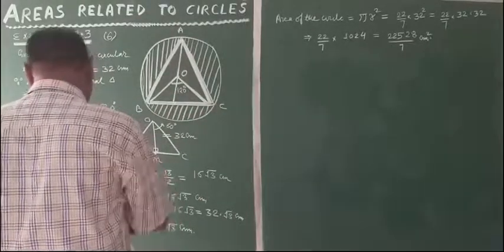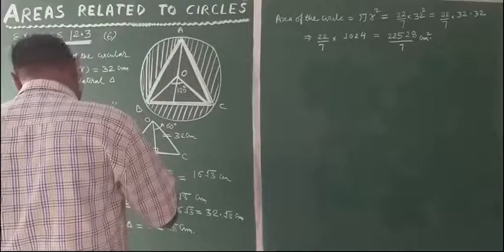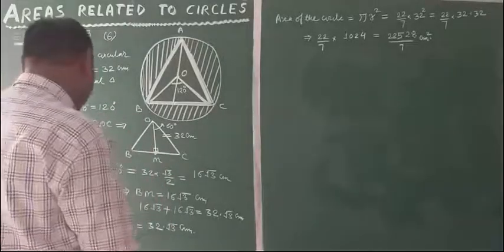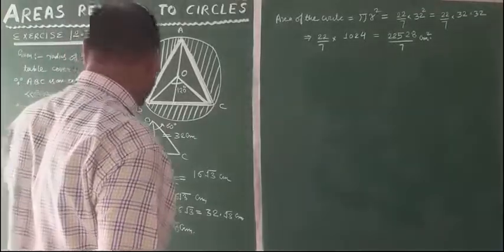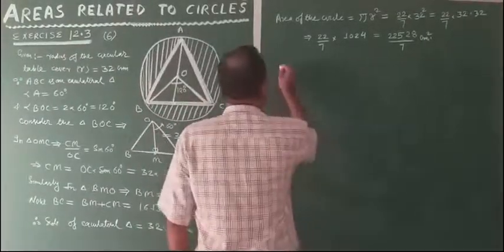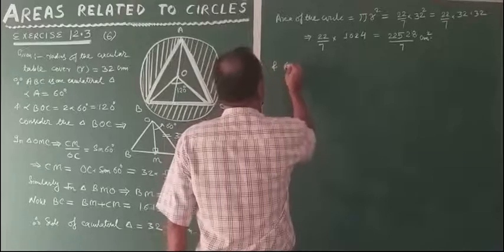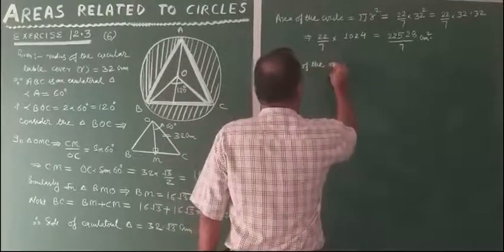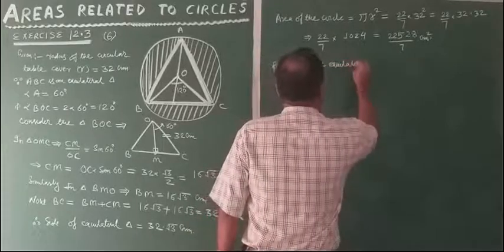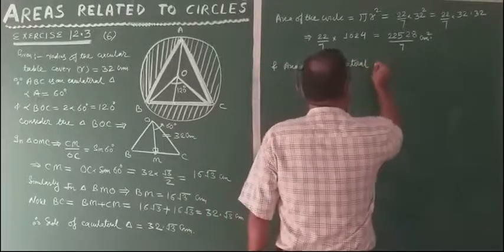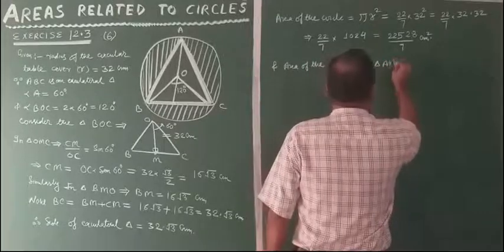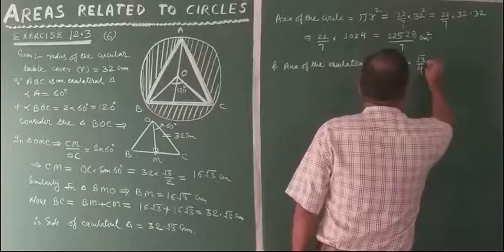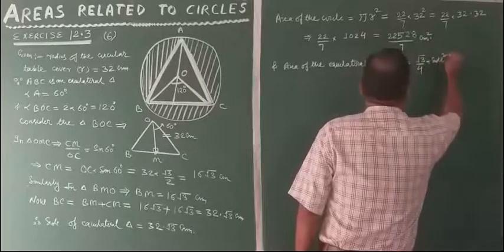Now, area of the equilateral triangle ABC. This will be root 3 upon 4 into side square.